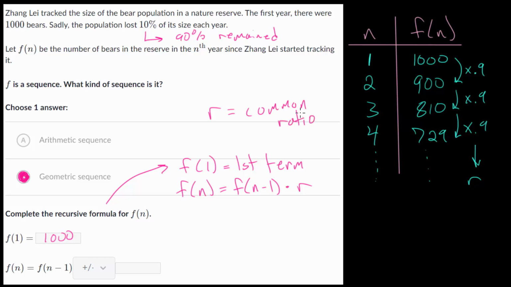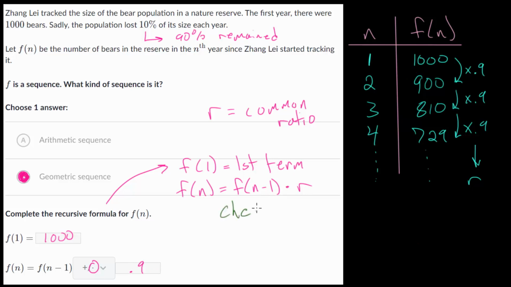Since we have a geometric sequence, we're multiplying from one term to the next. And so we just need to match up with what we know as r into this pattern here. So since it's geometric, we are going to be multiplying, and we're multiplying by 0.9 to go from one step to the next.